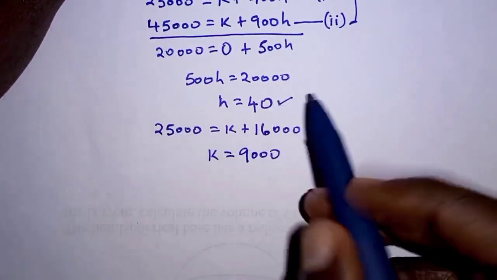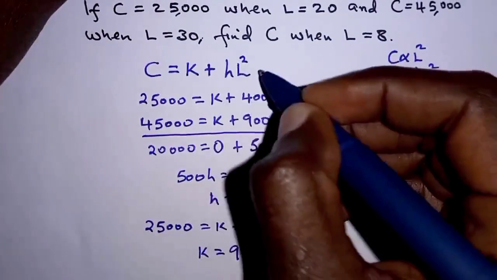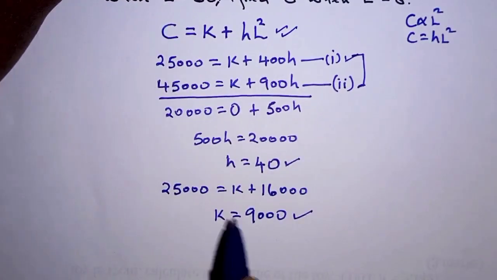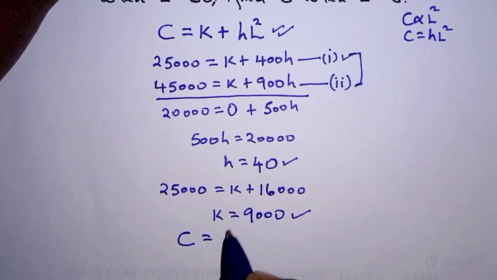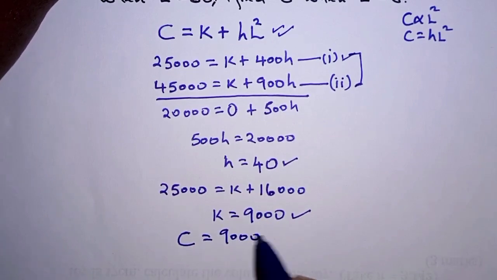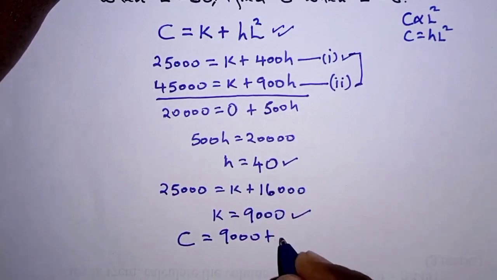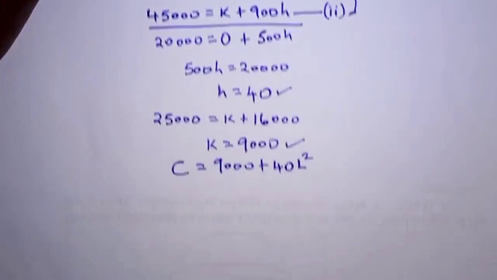So with the value of H and K, we can therefore rewrite this equation here with the actual values of K and H. So C is equal to K, and K is 9,000, plus HL squared, and H is 40, so we have 40L squared.